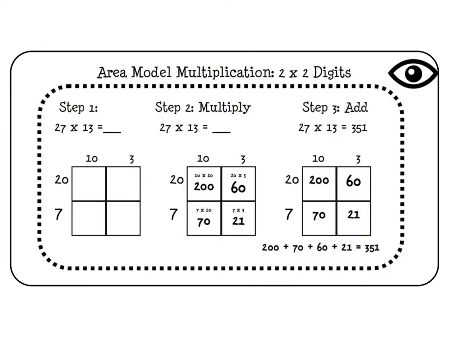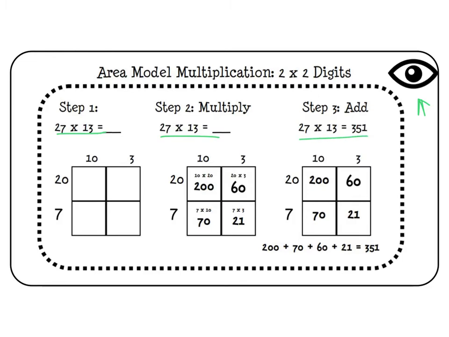All right, friends, in this example, you're watching me show how to use an area model for multiplication of two digits by two digits. Our first step says that we're going to multiply 27 by 13. This is all the same problem, step 1, 2, and 3.